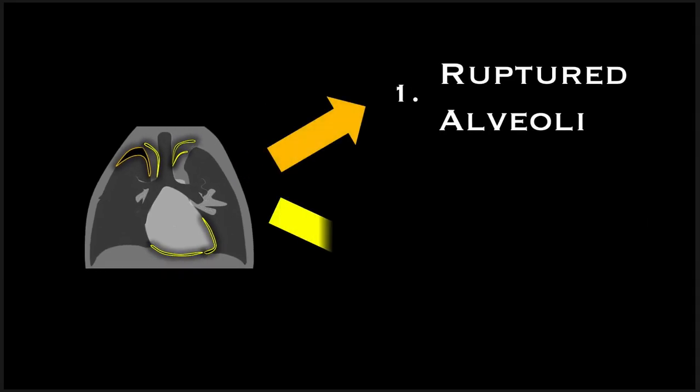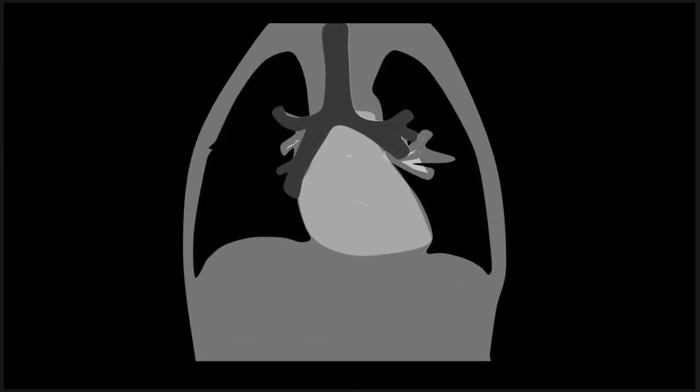And then the second broad category is something like this. If you have either direct penetrating or closed trauma to the trachea or the esophagus, so injury here or injury here, remember we said these are both sources of potential air.